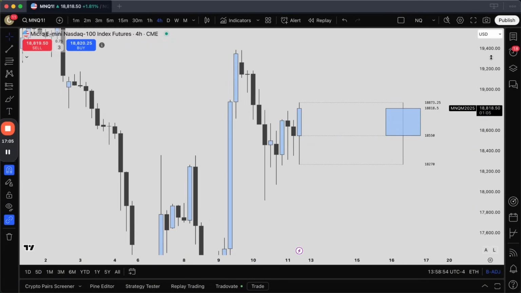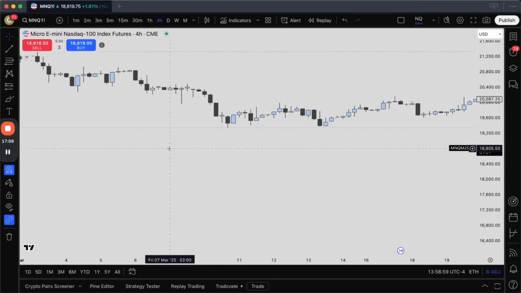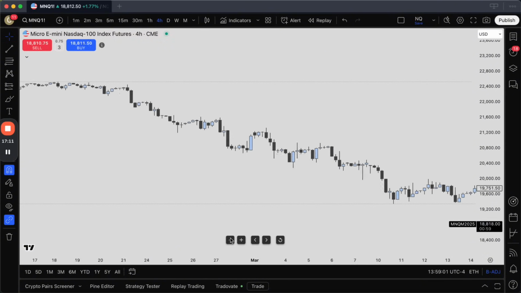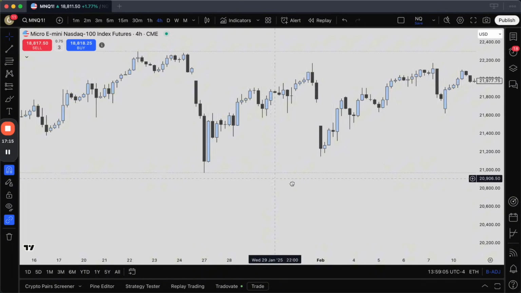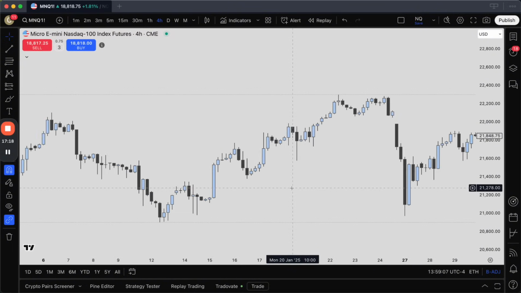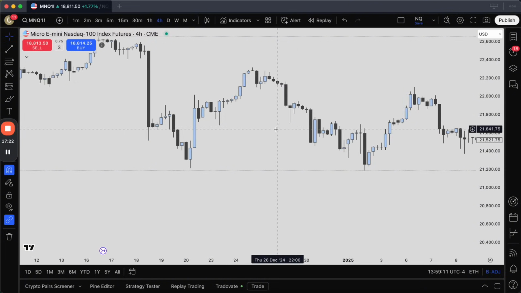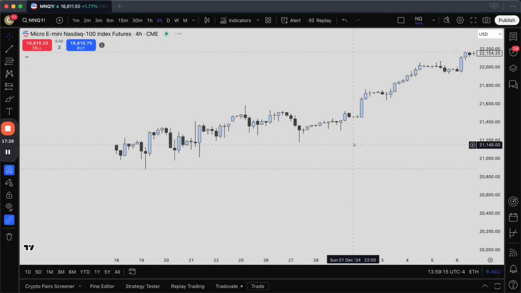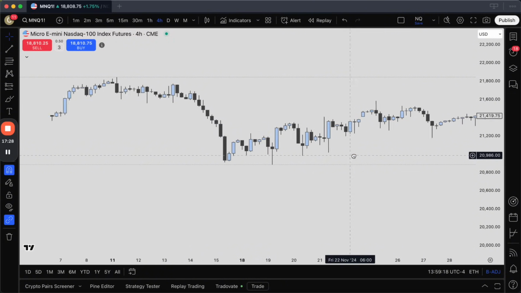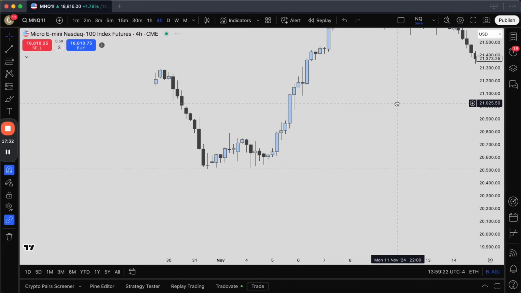Okay. So let's look for this bullish example. Let's see. I want a nice big bottom wick. Sorry guys, I'm trying to get you a good example so you see the 4-hour PO3.